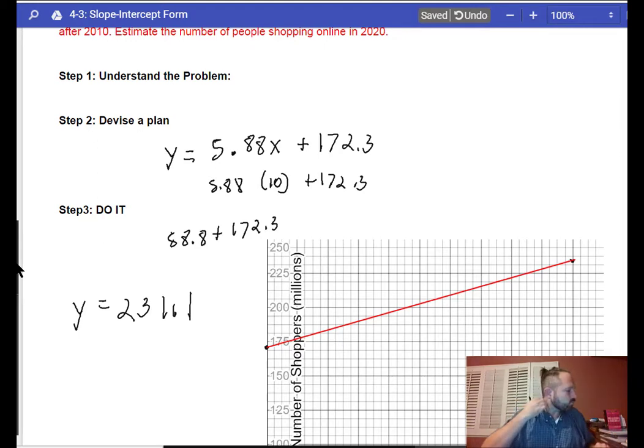We didn't really need to use, or we shouldn't have used our graph to figure it out because we can't really read the graph that well. Like if you look in the book, it has this graph, but we can't figure out what the answer is. So we would have to use the equation. That's just it. No ifs, ands, or maybes about it.